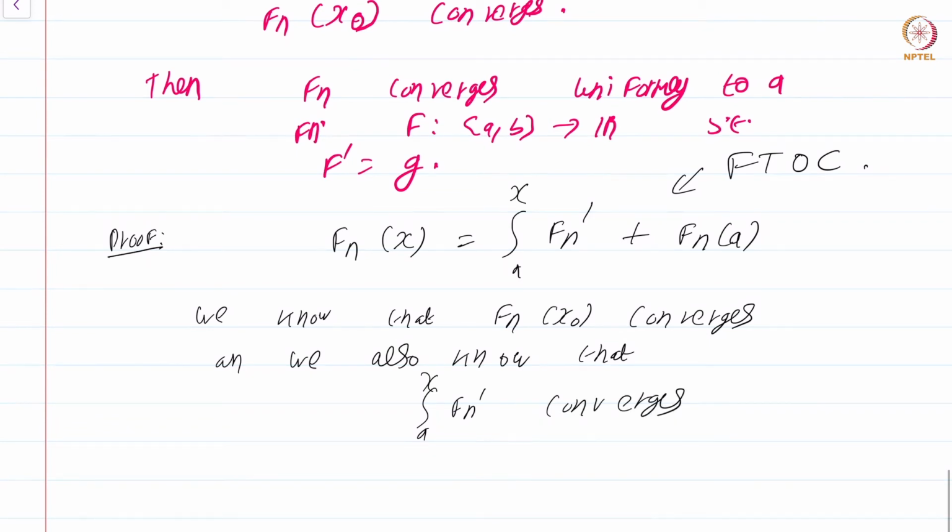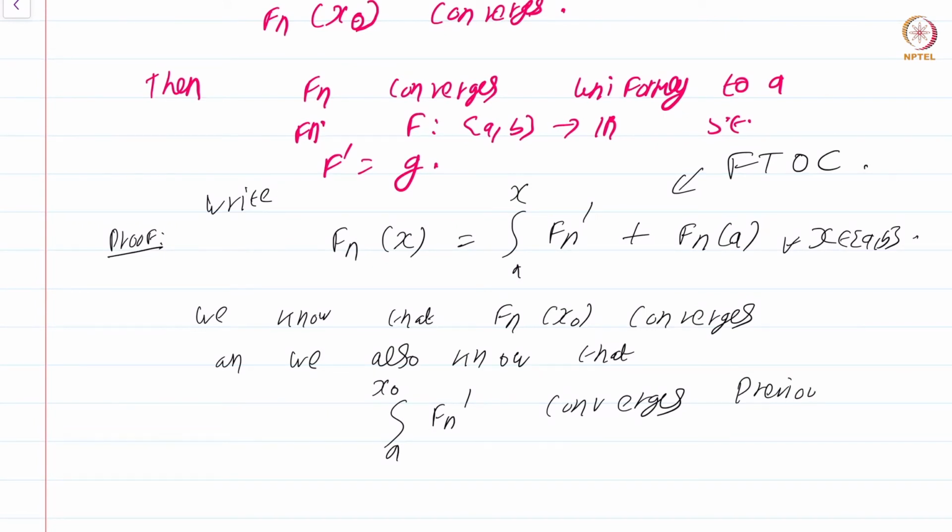So we write fn of x equal to the integral from a to x of fn prime, plus fn of a. This is true for all x in [a, b]. So for a fixed x, we know that fn of x naught converges. We also know that the integral from a to x of fn prime converges. This is the previous theorem.